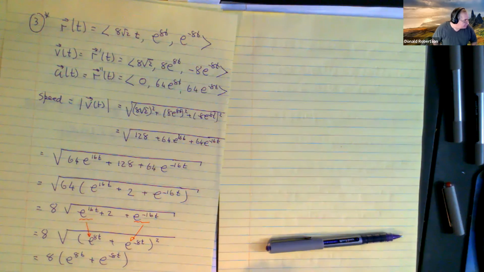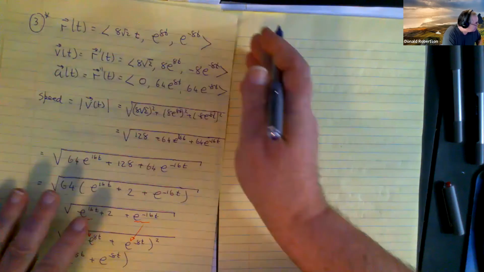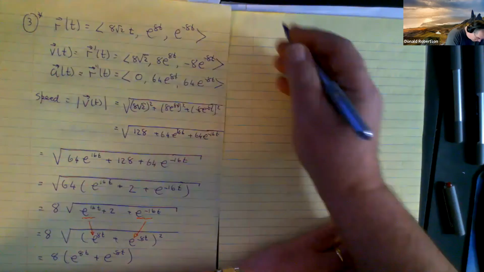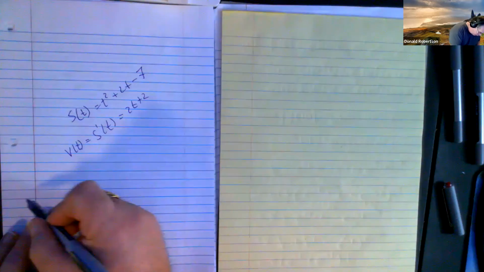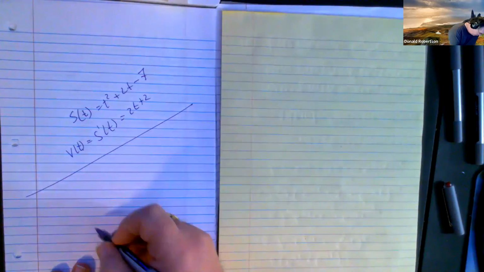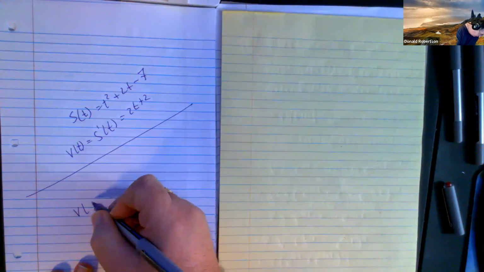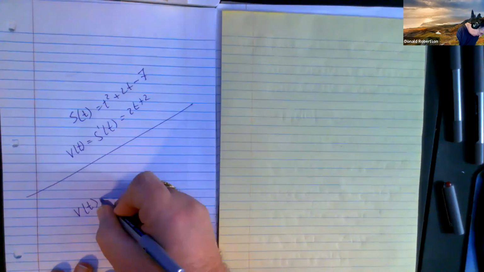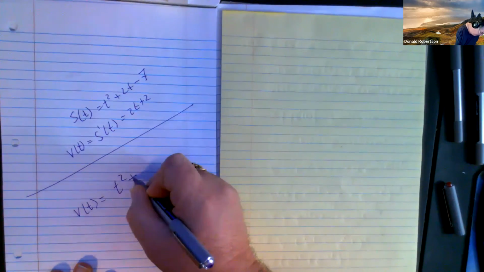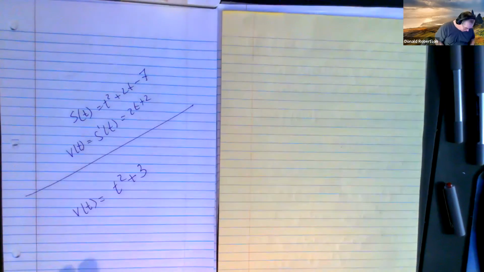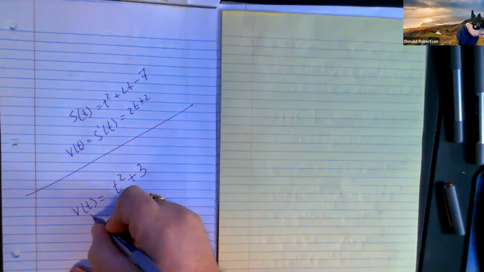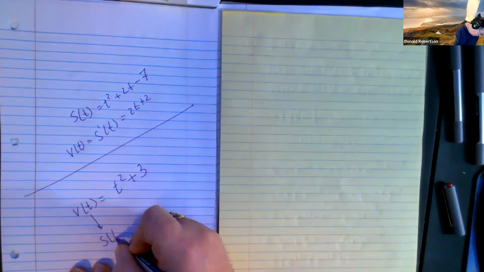Are we good with questions then that just ask you for velocity, acceleration, and speed? You feel comfortable with them? Right. Good. So let's work backwards. Can you remember in Calc 2 where somebody might have said the velocity is that, find the original function?